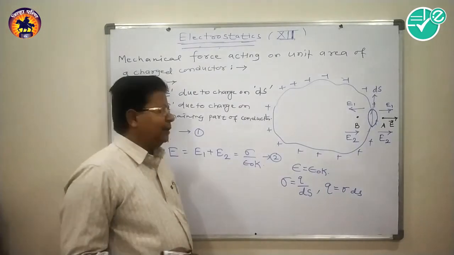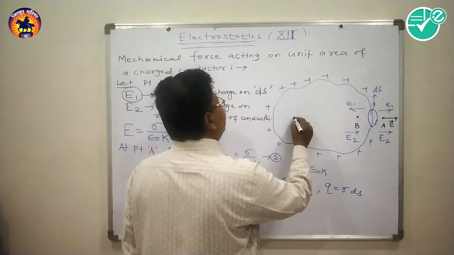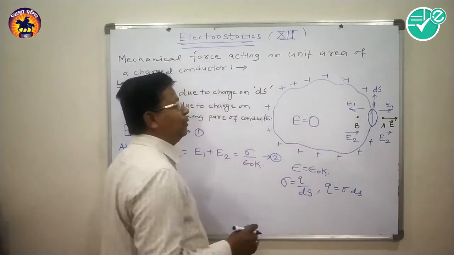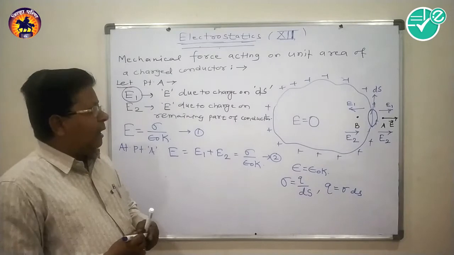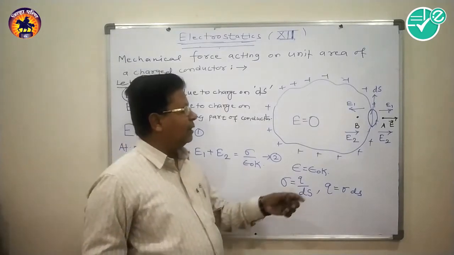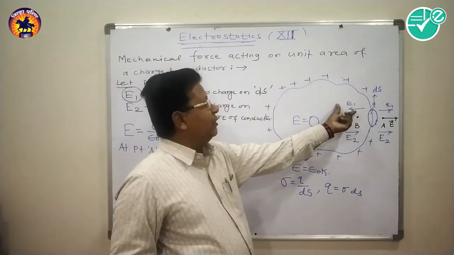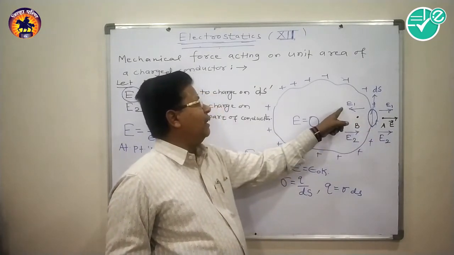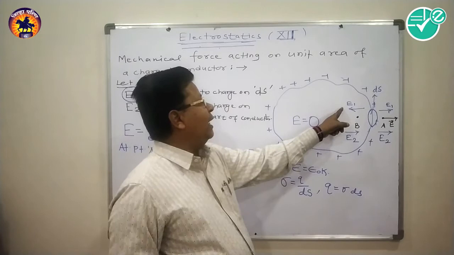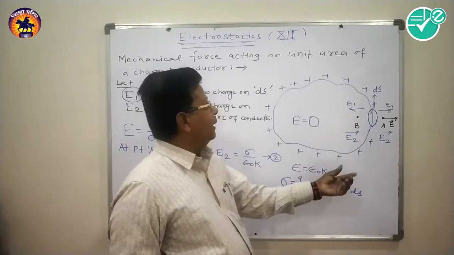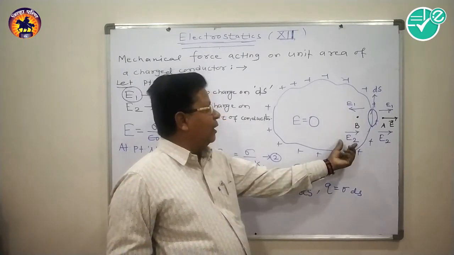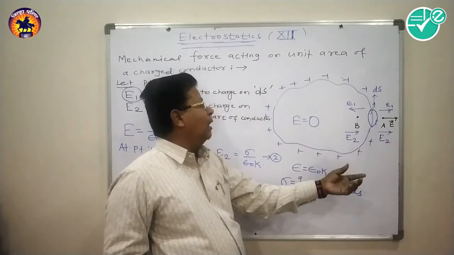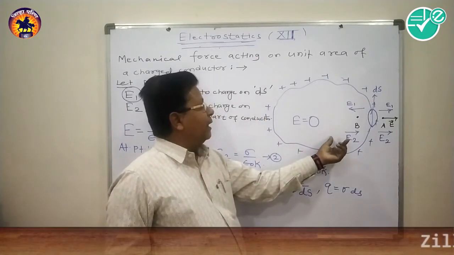As we know, the electric field intensity inside the charged conductor is 0, because inside the charged conductor the electric intensity due to charge on this area ds is directed towards the left side, and the electric field intensity due to charges on remaining part of the conductor is directed outwards.